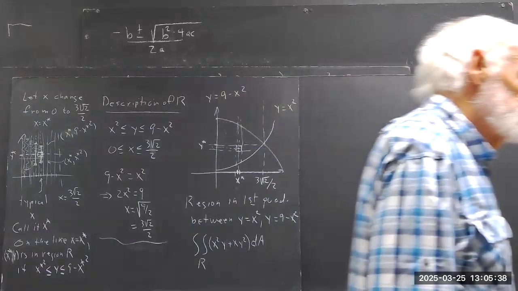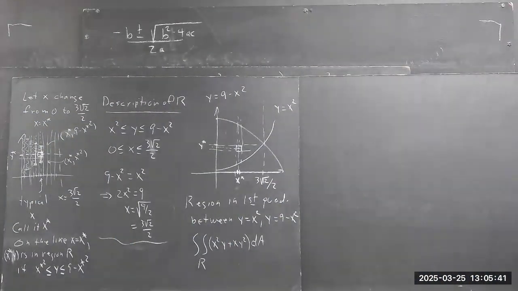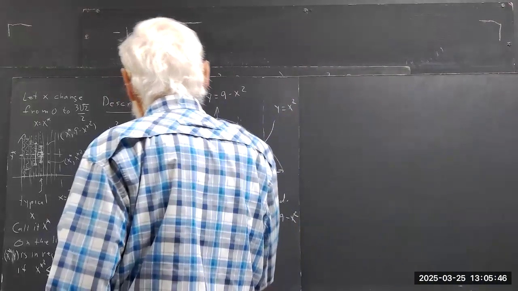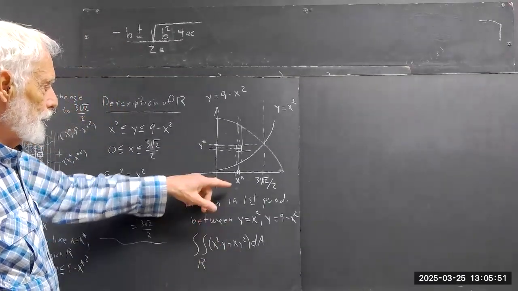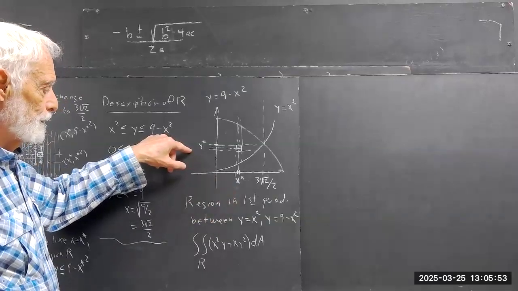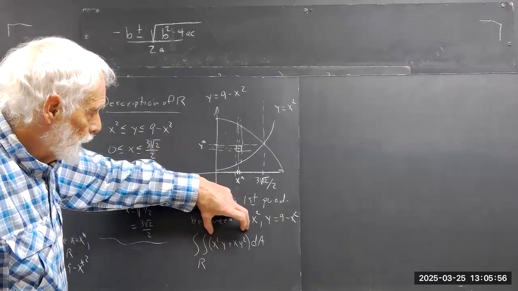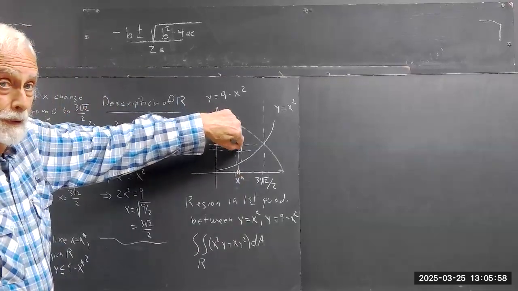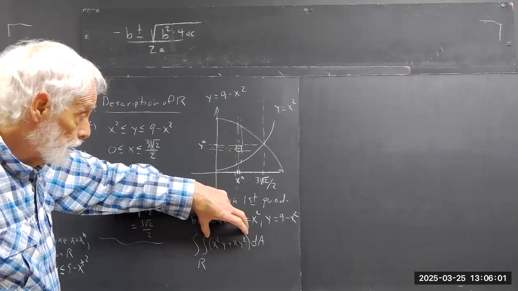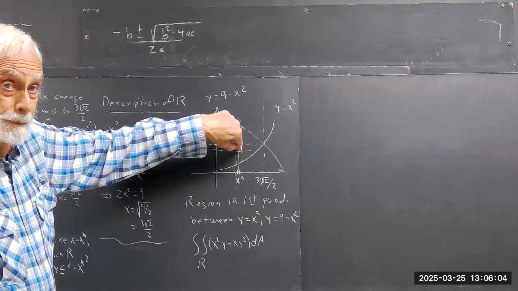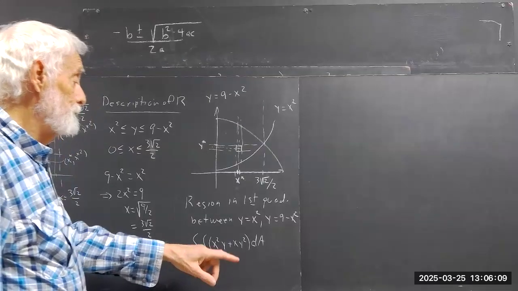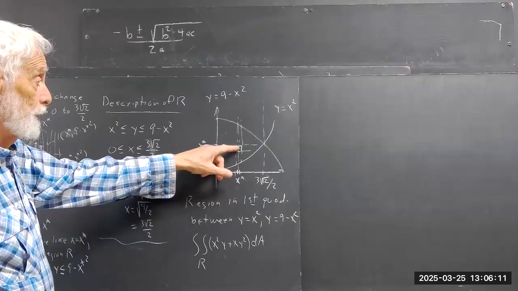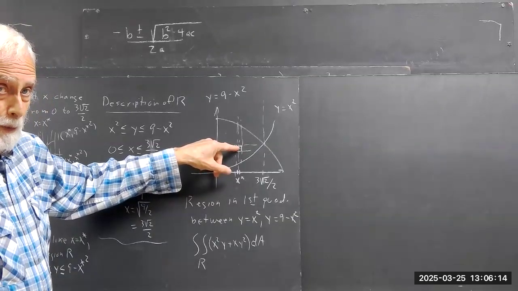So now what I've got, if I evaluate this at X star, Y star, I know about what the value of this is on this squaring. So I can multiply this by the area of that increment. Okay. And that gives me the integral of this function for that increment. Okay.